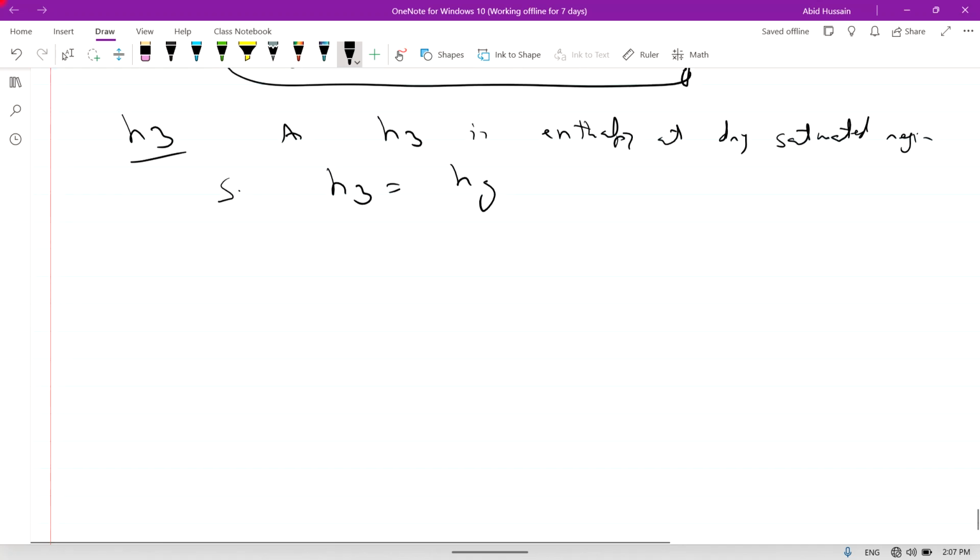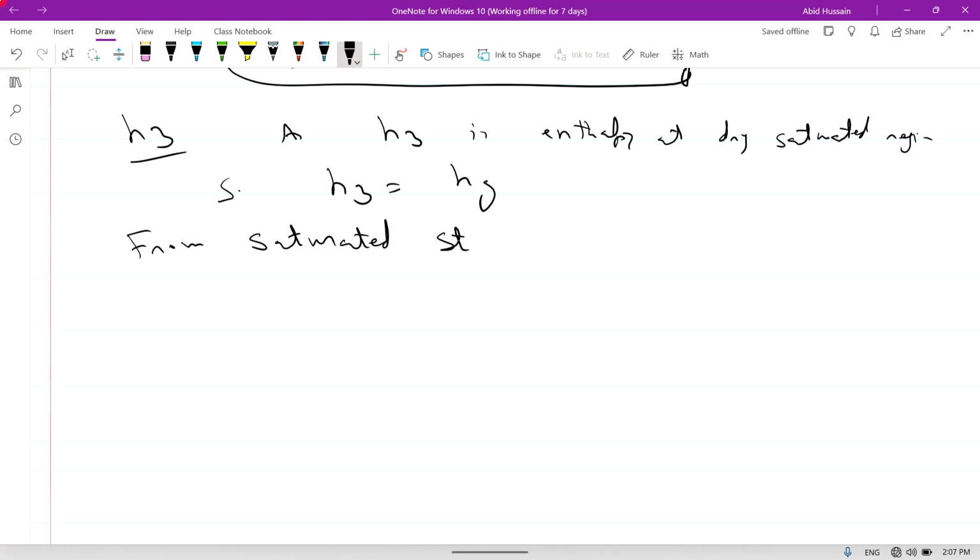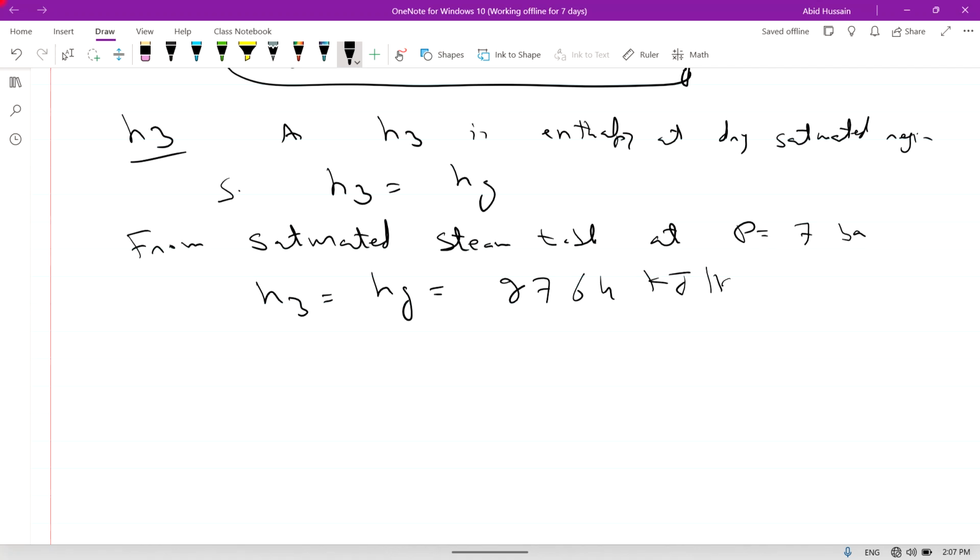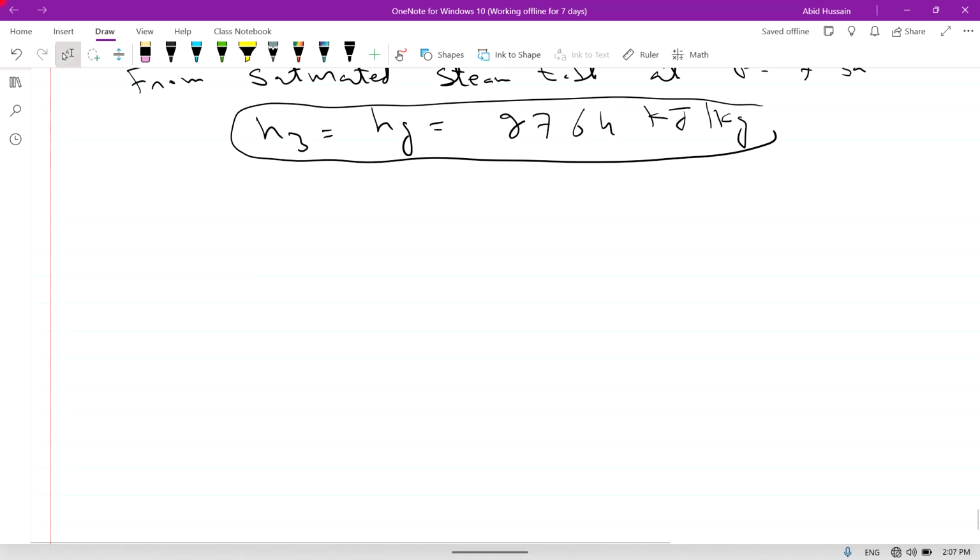So from the saturated steam table at pressure equal to 7 bar, pressure is constant for h1, h2 and h3. h3 is equal to hg is equal to 2764 kilojoule per kg. Now we can easily find m2 dot divided by m1 dot.